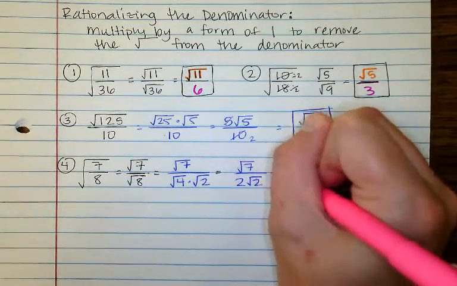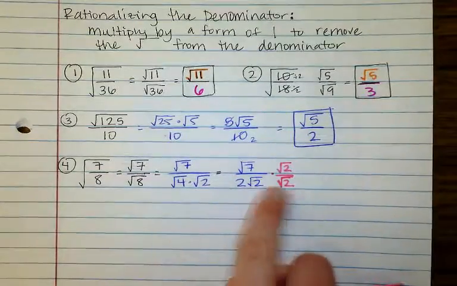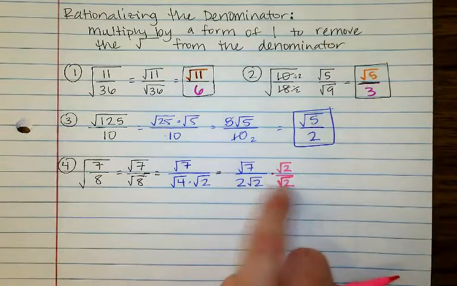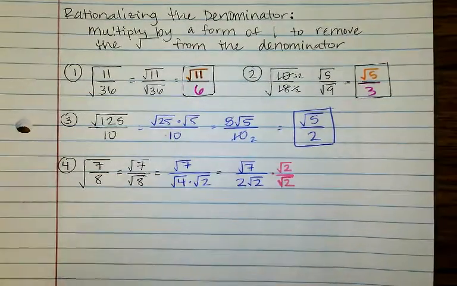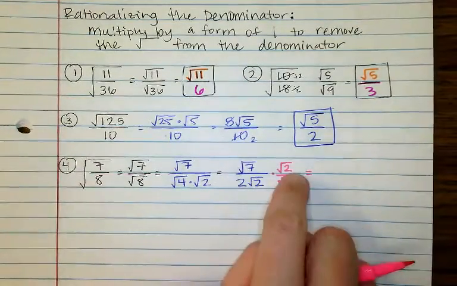Alright? And when I do that, square root of 7 times square root of 2 is the square root of 14. Are you guys comfortable with that?